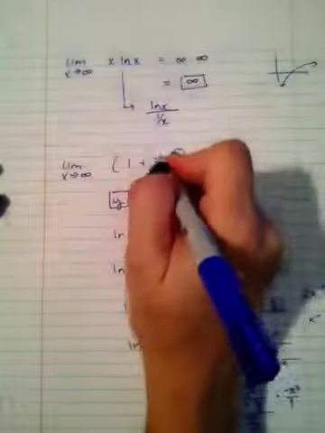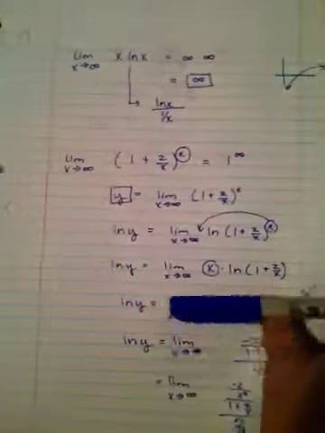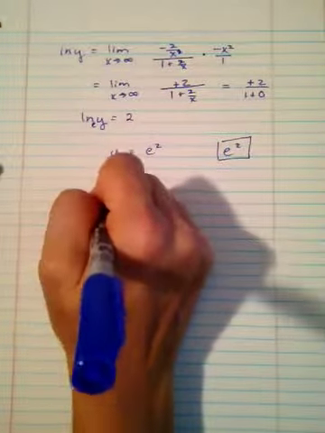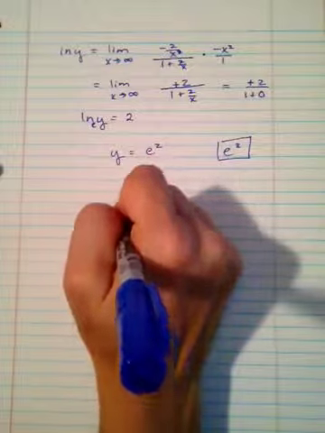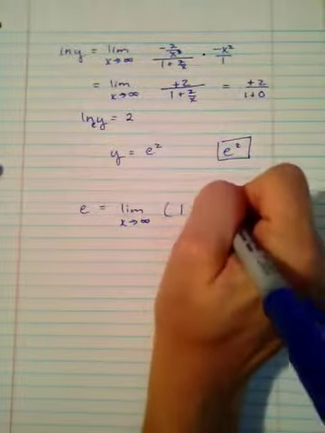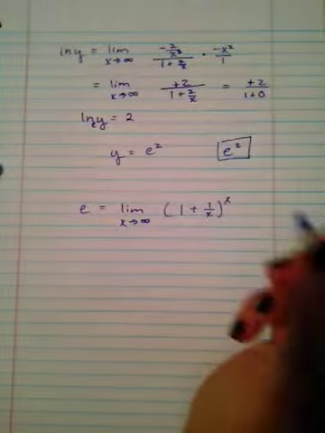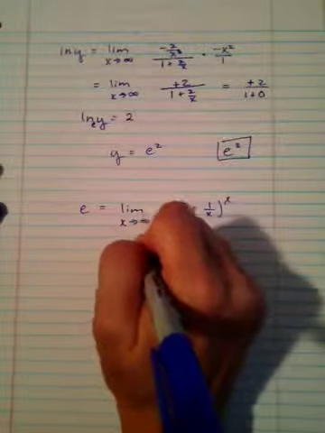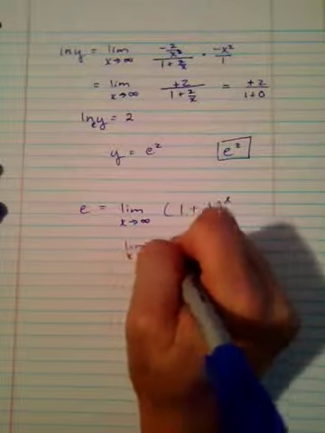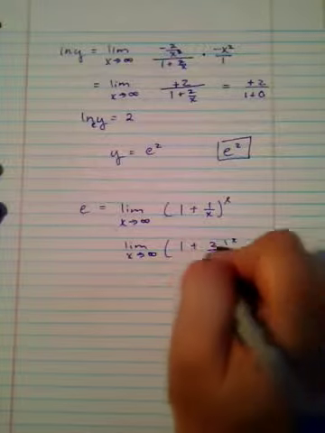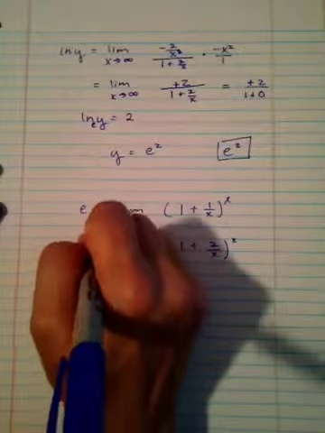So that brings up an interesting note. Notice where the 2 is here. It's right there. So the limit definition for e is the limit as x approaches infinity of 1 plus 1 over x, to the x. That is the definition for e. Well, we just said that if you had the limit as x approaches infinity of 1 plus 2 over x, to the x, that is actually equal to e squared.